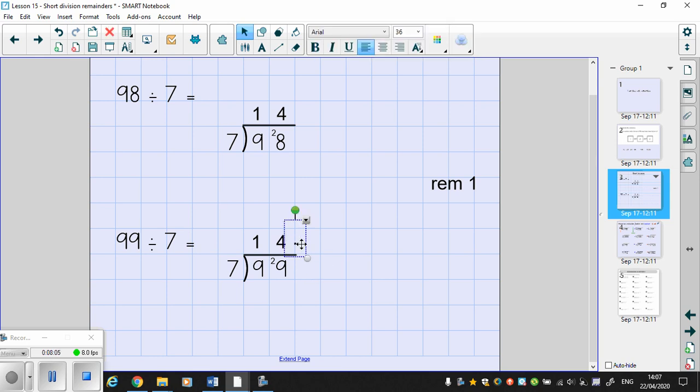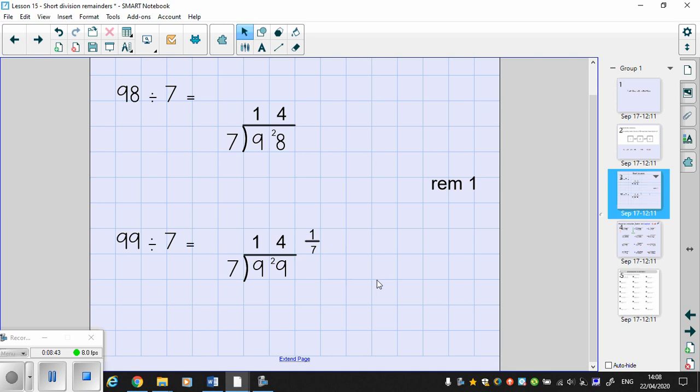Okay, so we had 1 left over, and that 1 that we had left over could be divided between 7, and each of those pieces would be 1 that we've got left over divided by 7, and this needs to be a little bit smaller, and that needs to be brought into here.